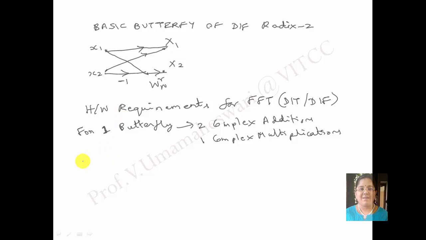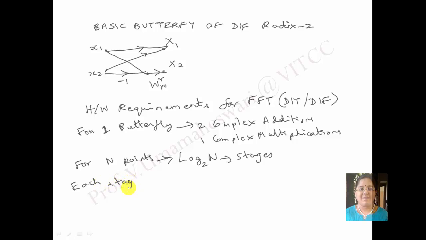Okay, now say if we have N points, N-point FFT, then how many stages will you have? Radix 2 algorithm will have log N to the base 2 stages. For example, when N was 8, the number of stages was 3.